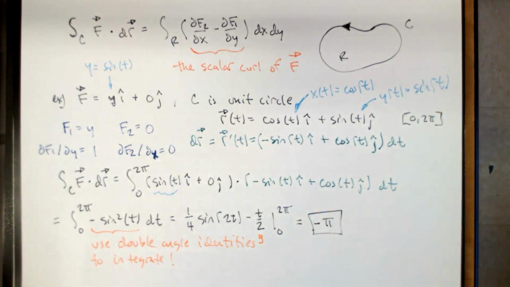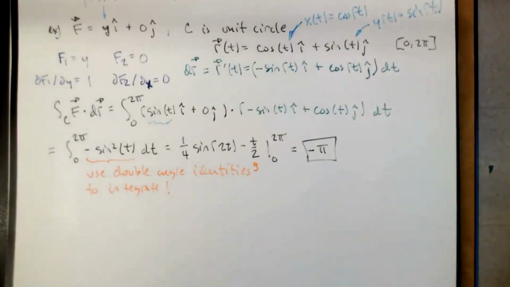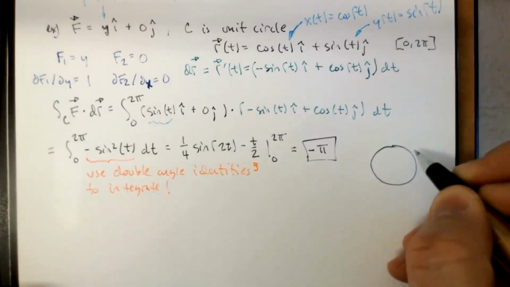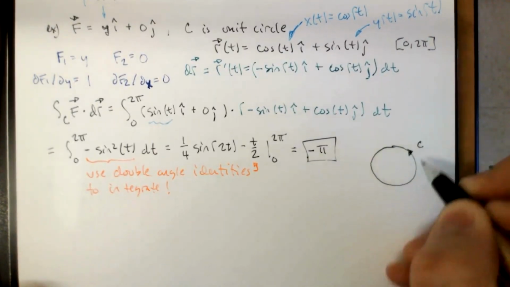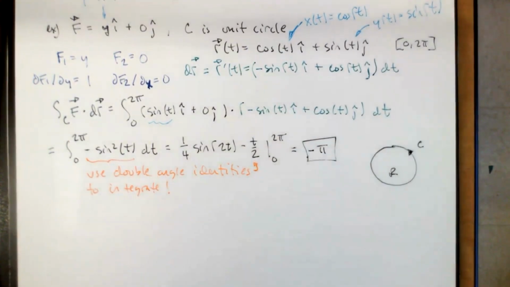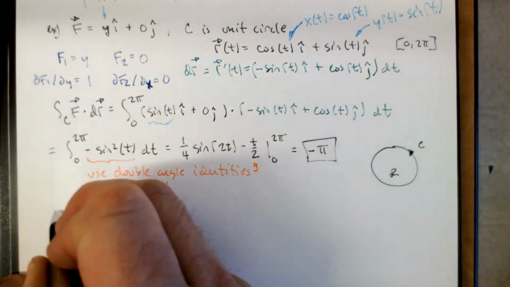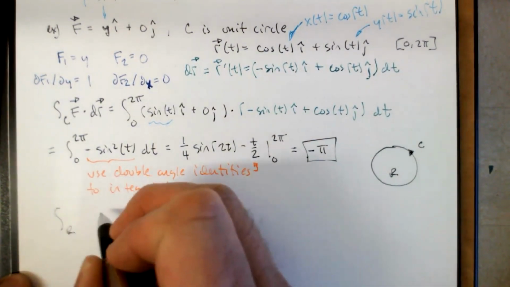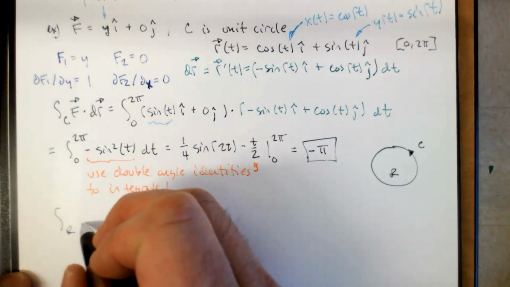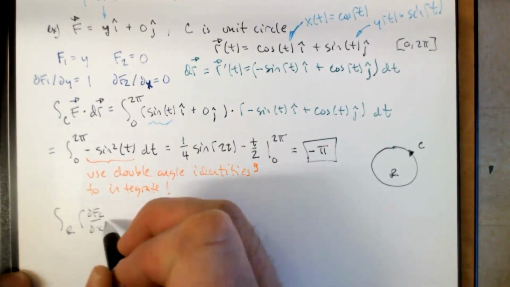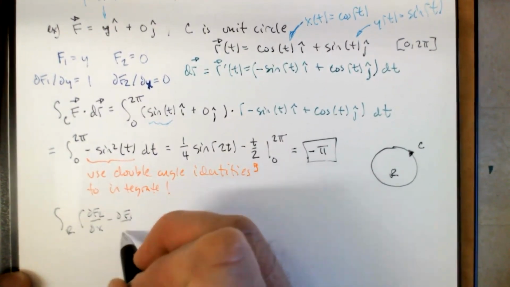So on the double integral side, R is the interior of this circle. We get the integral over R of partial f2 dx minus partial f1 dy.